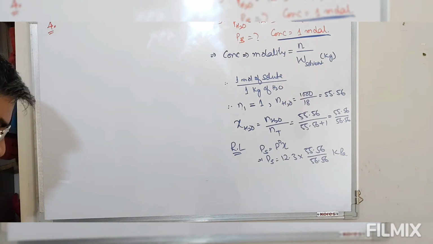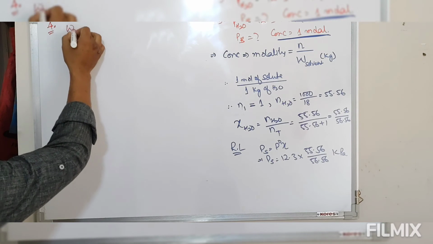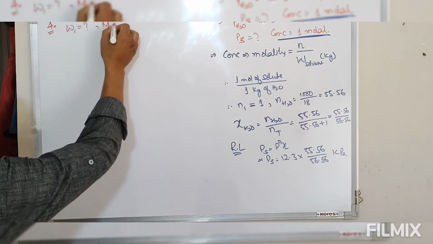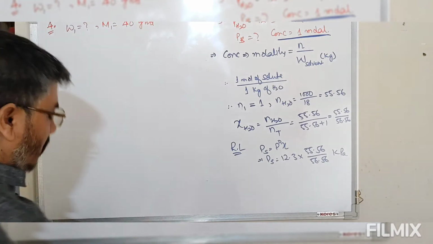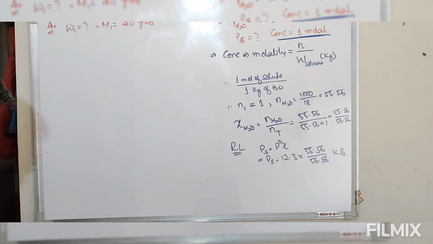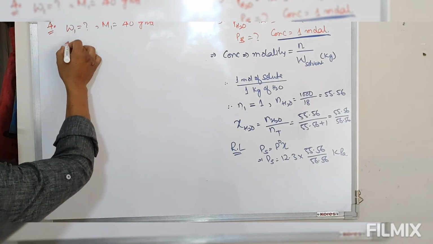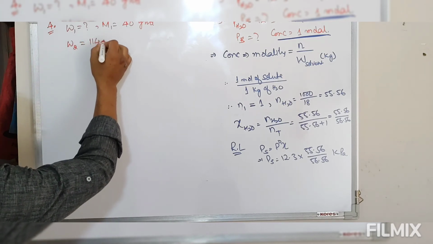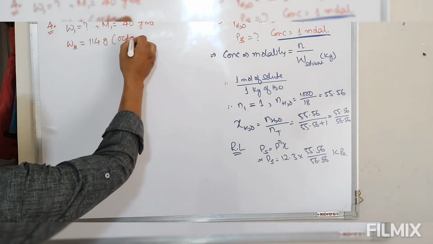Question says, calculate the mass of a non-volatile solute. The molecular mass of this solute is given as 40 gram per mole. The mass of solvent is given as 114 gram, and this is octane.